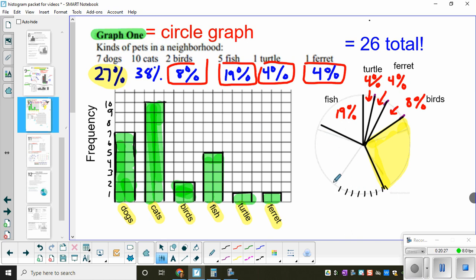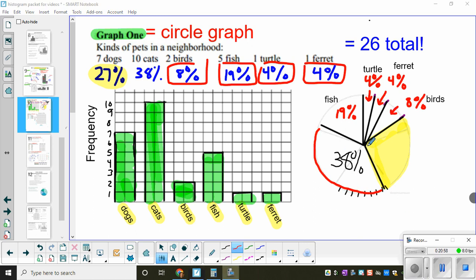So we said we already had 21, and then this would be 22, 23, 24, 25, 26, 27, 28, 29, 30, 31, 32, 33, 34, 35. This gets me to 36, and then 37, and then halfway right there, that was the 38. So this right here is the 38% chunk that represents the cats. And we've got that chunk right there.